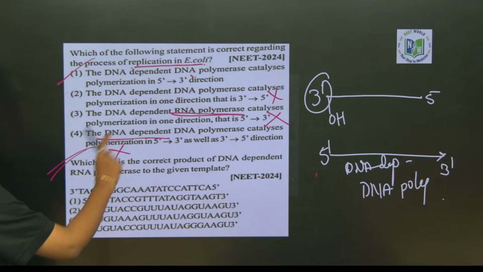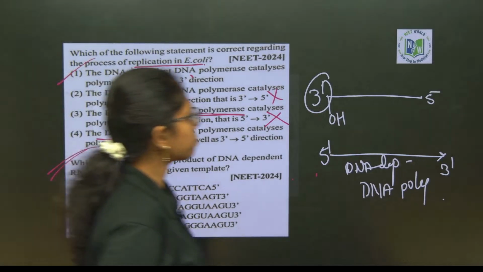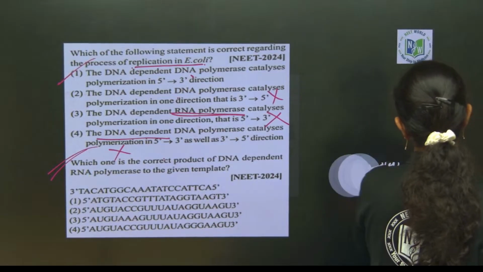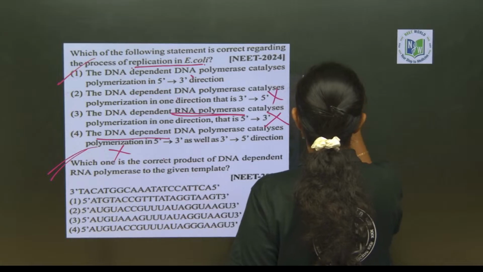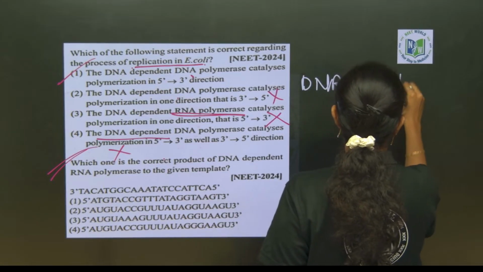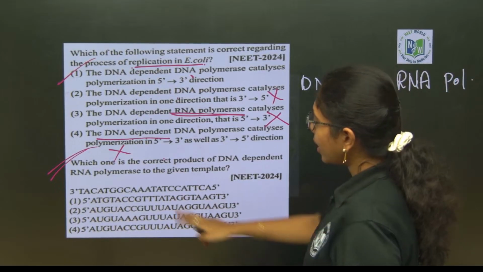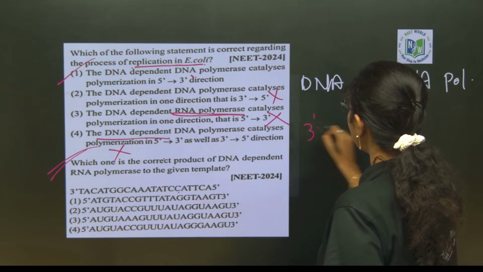This question, which one is the correct product of DNA dependent RNA polymerase? Okay, DNA dependent RNA polymerase. Here it is given from 3 prime to 5 prime, meaning it is the template strand.